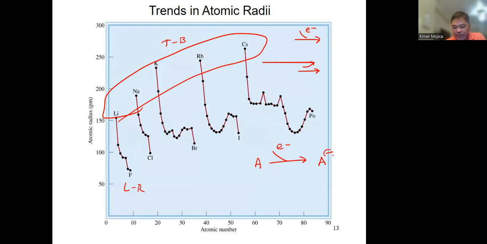It becomes negative. And the other one, you have an atom and you remove an electron, so this becomes positive. So what happens to the size? For this one, up or down? Up. So the ionic radius there will increase. For the one where you remove the electron, it decreases.